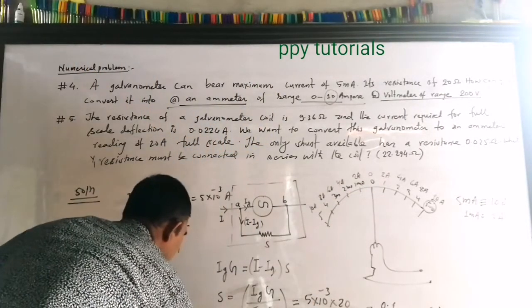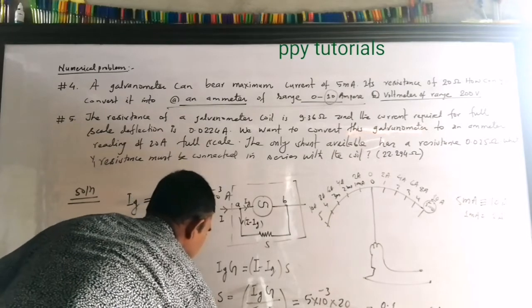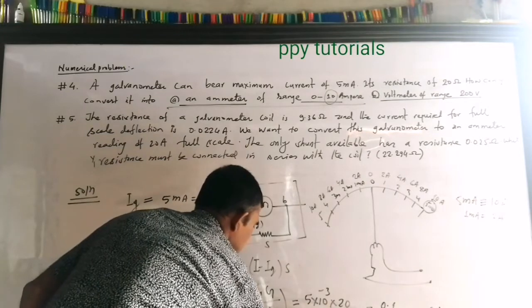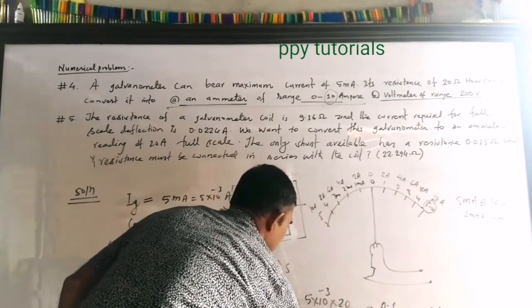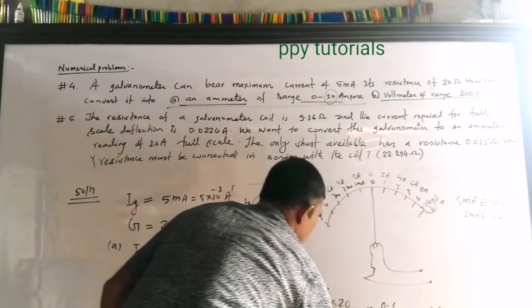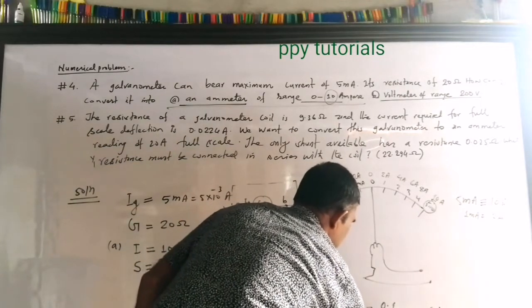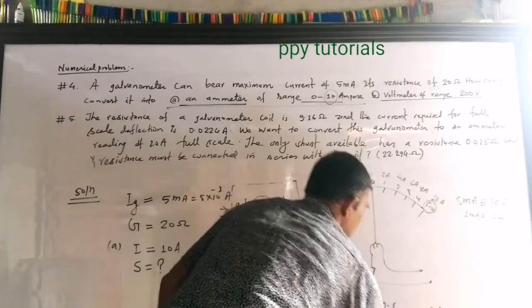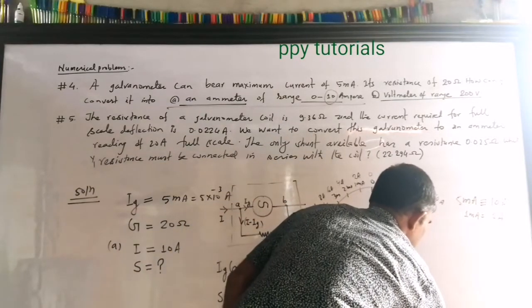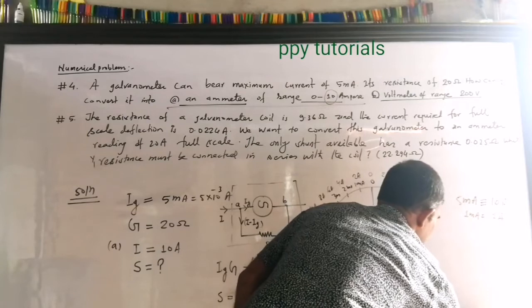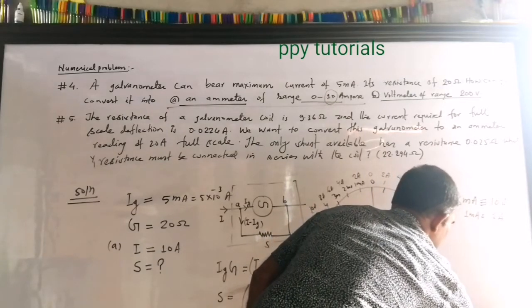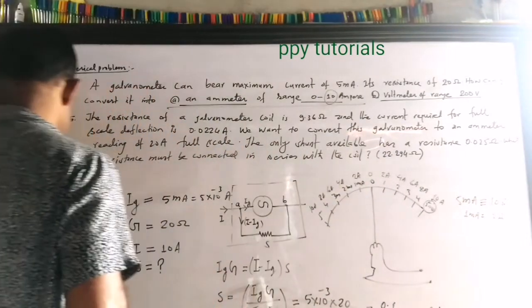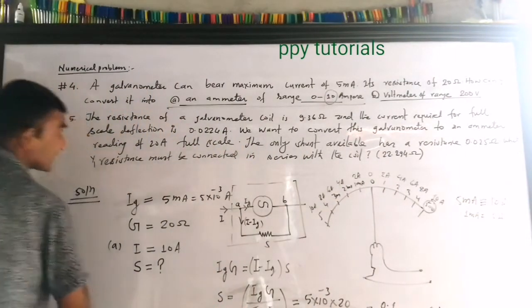Hence we can conclude that we can connect a 0.01 ohm resistor, that is called a shunt, in parallel with the galvanometer. Okay, so this was the first part. Let's see the second part.